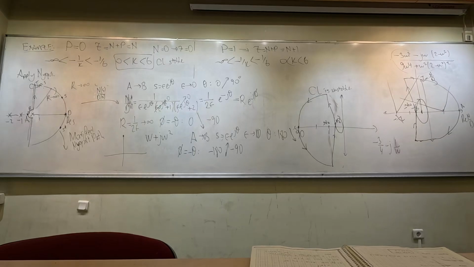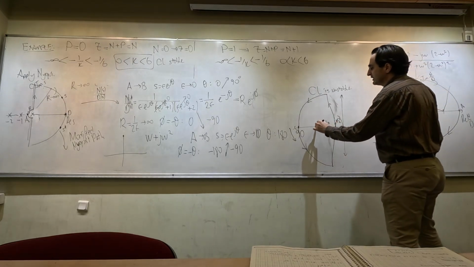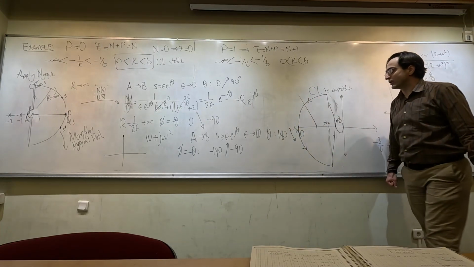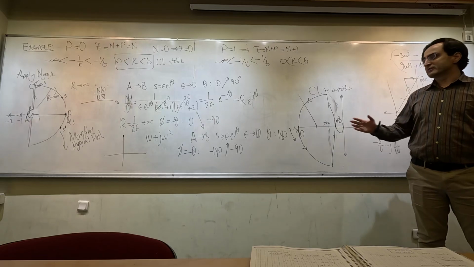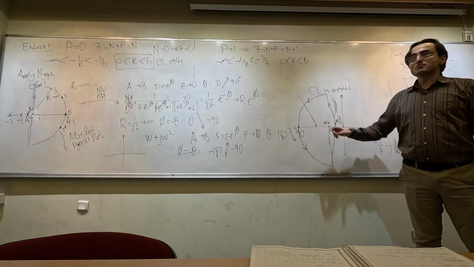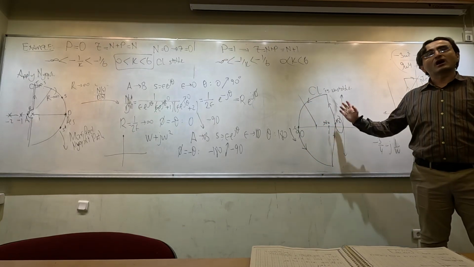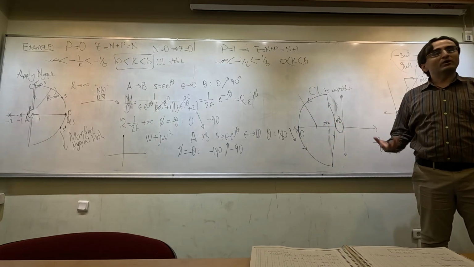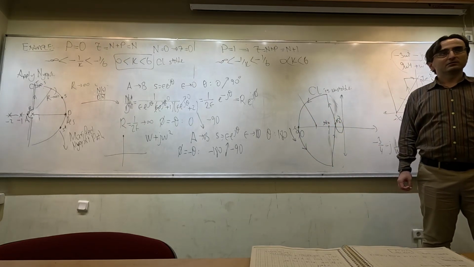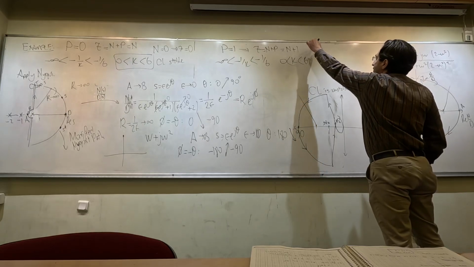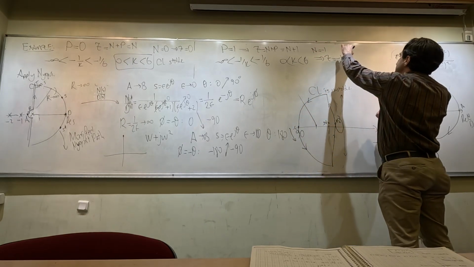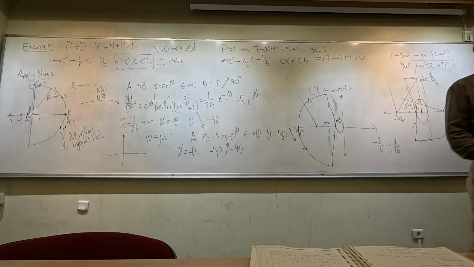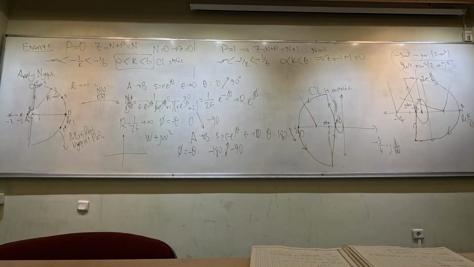In this case, how many times in clockwise direction is the point minus 1 over K encircled? I need to count the clockwise encirclements, and in this case I see that the point minus 1 over K is encircled in counterclockwise direction once. What should I take my N? It is going to be minus 1. So here N is equal to minus 1, meaning that Z is equal to minus 1 plus 1, which is equal to 0, and the closed loop system is stable.